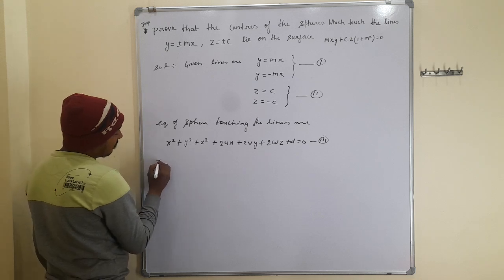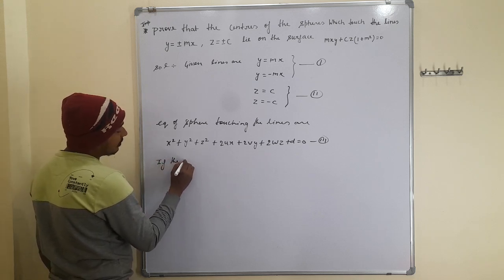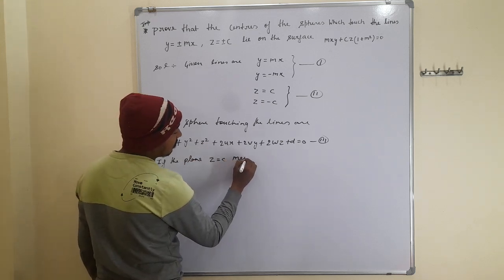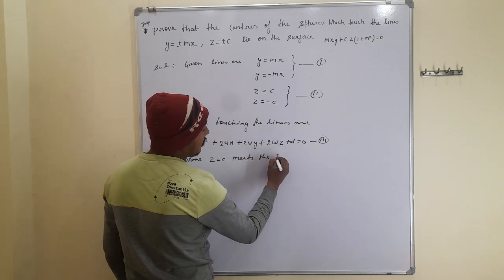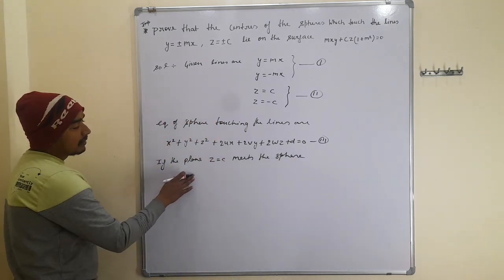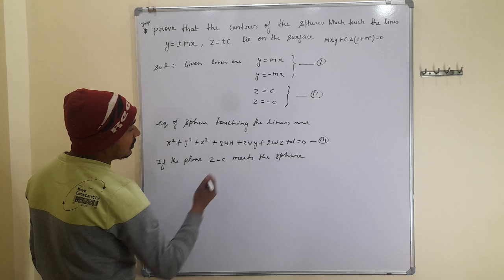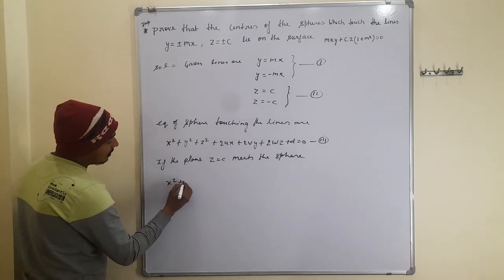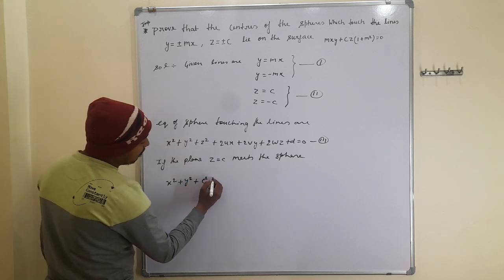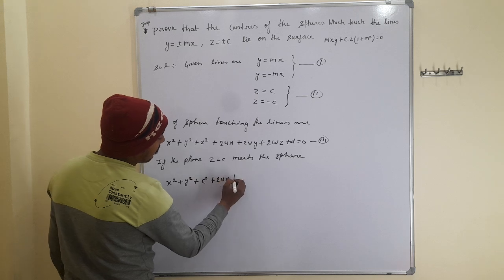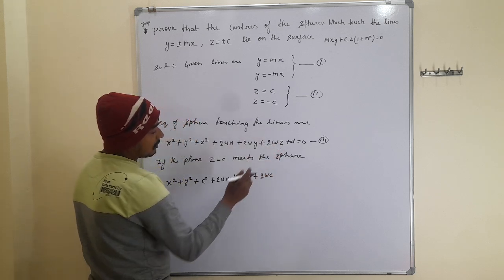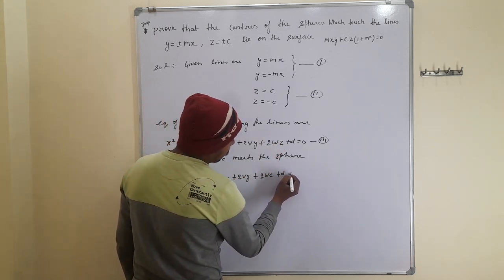If the plane z equals c meets the sphere, then we have to put z equals c in equation third, that is x square plus y square plus c square plus 2ux plus 2vy plus 2wc plus d equals 0.